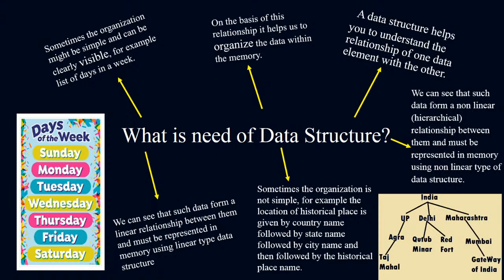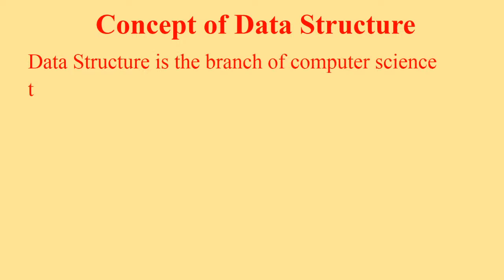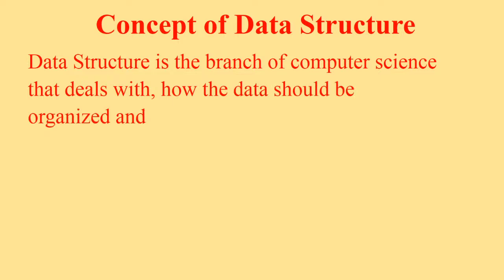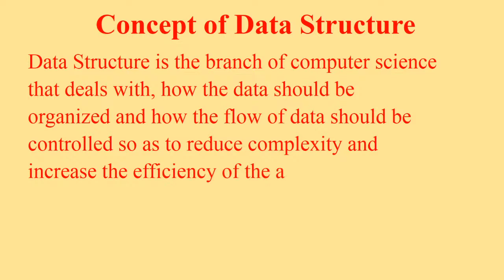So let us see what data structure does. Data structure is a branch of computer science that deals with how the data should be organized, and how the flow of data should be controlled so as to reduce the complexity and increase the efficiency of our algorithm.